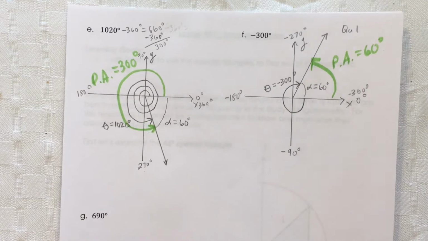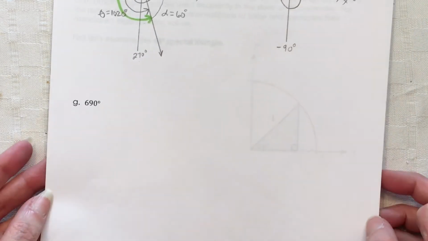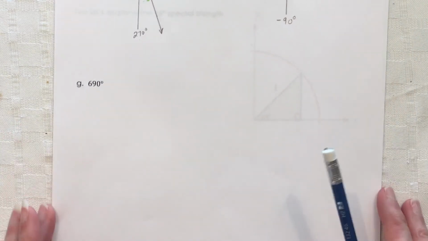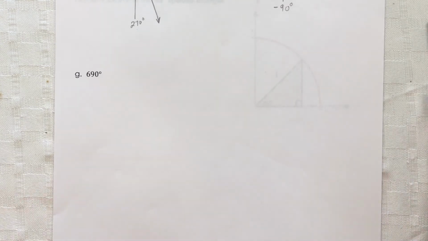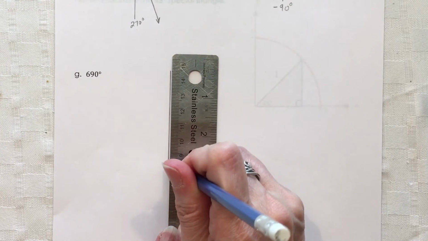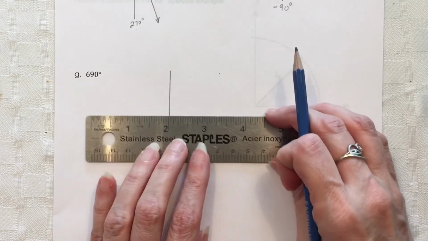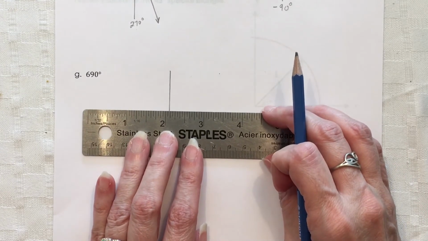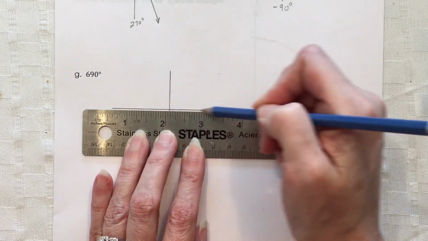All right, and our last example before we move on to the main lesson today, 690 degrees. So being able to draw angles that are larger than 360 and negative angles is going to be part of what we need to know for today's lesson.